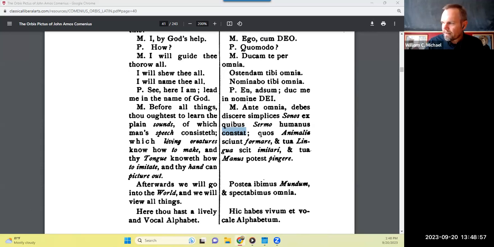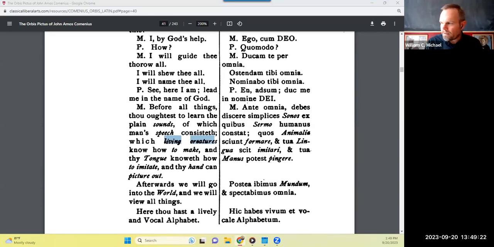Quos animalia sciunt formare. Quos means which. Animalia is translated living creatures. Sorry, the highlighting doesn't always work. Animalia is actually derived from the Latin word anima.